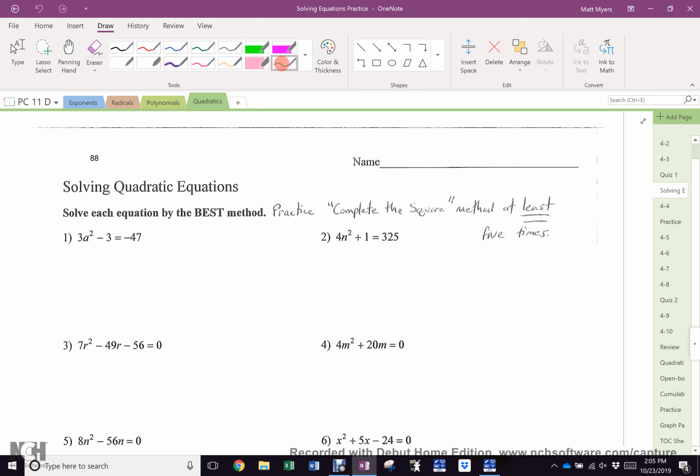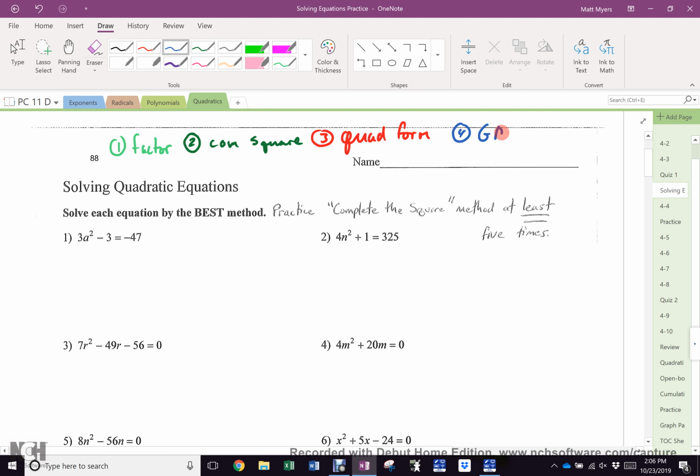We have 4 methods. 1, factor. 2, complete the square. 3, quad formula. And now 4, the GDC, graphic display calculator.